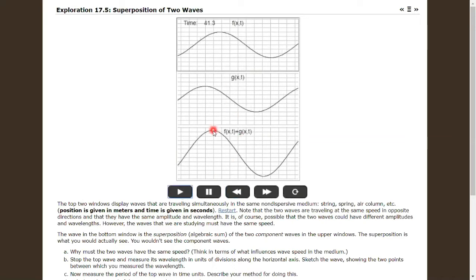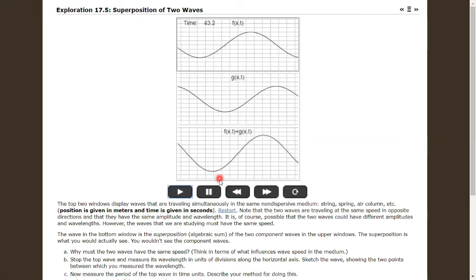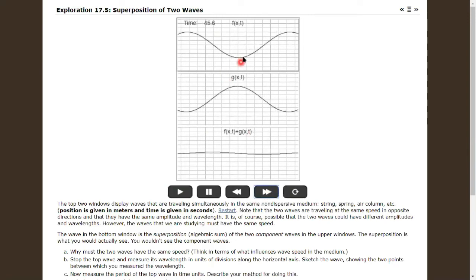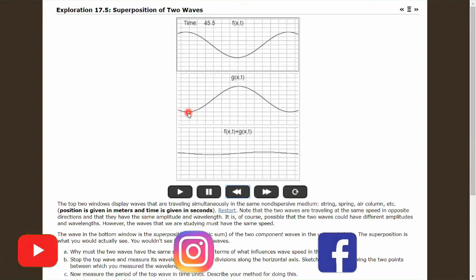So constructive, destructive, then constructive. At this point, we will get destructive interference because at this point the crest of first wave is superimposing with the trough of second wave.